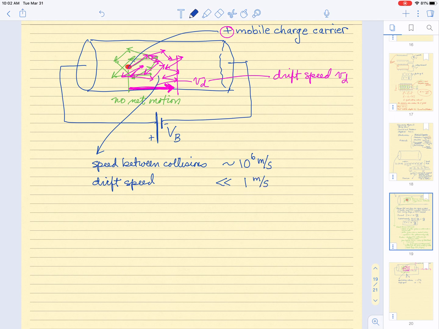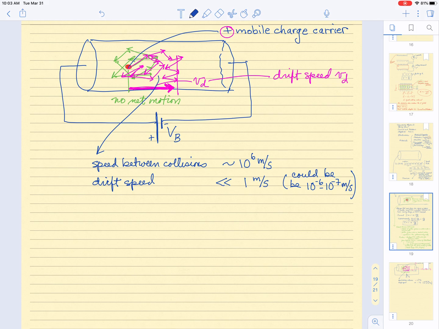As a matter of fact, depending on the material, it could be as small as 10 to the negative 6 to 10 to the negative 7 meters per second. So really small. This drift speed is really small. And again, it's due to the incredible number of collisions that this mobile charge carrier is suffering as it moves through the material.